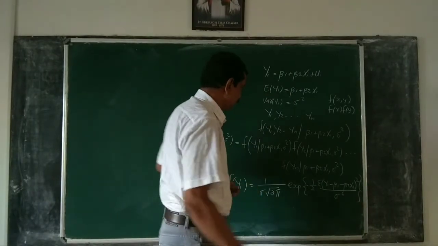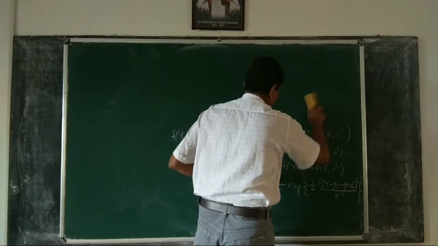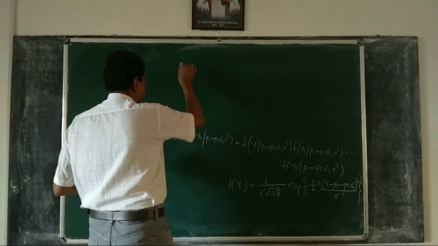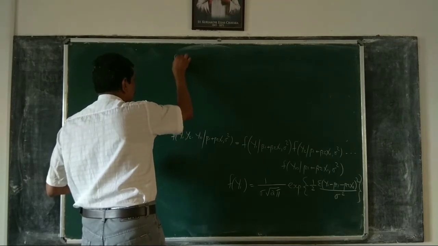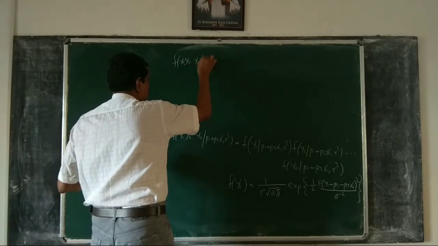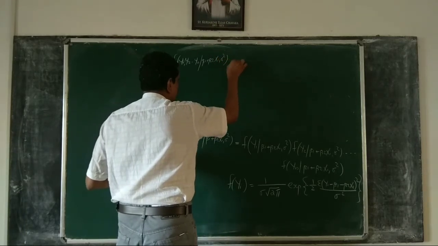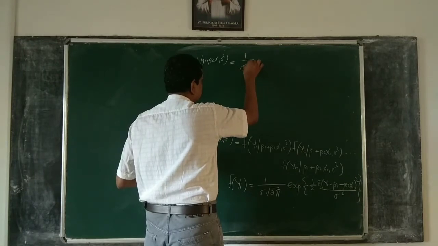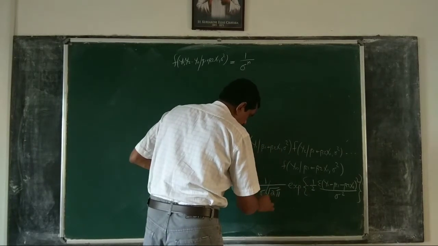Now, substituting for each Yi, we can write this joint PDF as f of y1, y2, etc. yn given beta 1 plus beta 2 Xi and sigma square is equal to 1 by sigma raised to n. Actually, this can be written as a product of three terms.